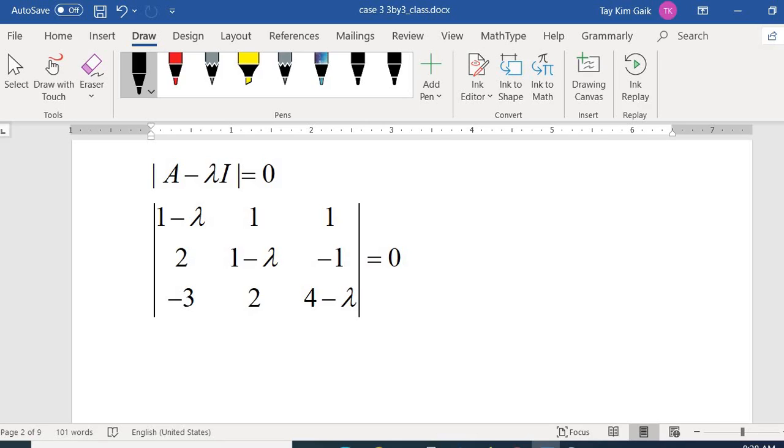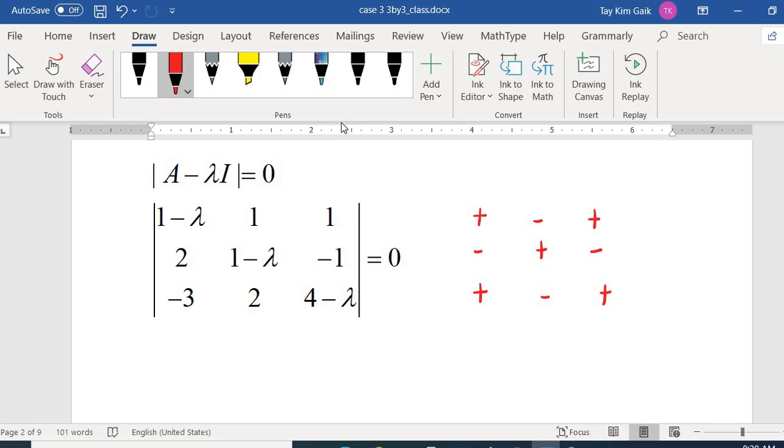Okay, now this is a determinant of 3 by 3. Remember, to calculate the determinant of a 3 by 3 matrix, we must consider the sign. Start from this cell A11, which is positive, and then negative, positive, alternating.